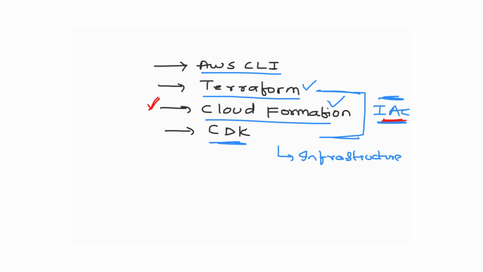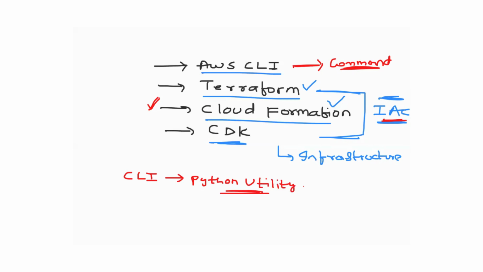But if you leave these things aside, there is another concept that we are going to learn today using the command line interface. The AWS command line interface is a Python utility. You can simply consider it a Python program written by AWS engineers themselves.